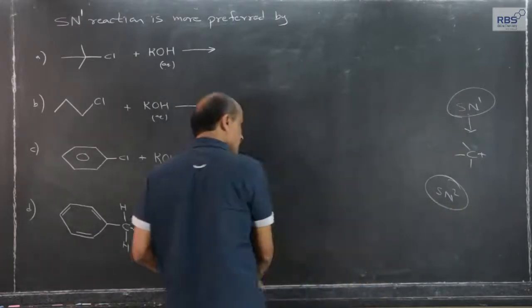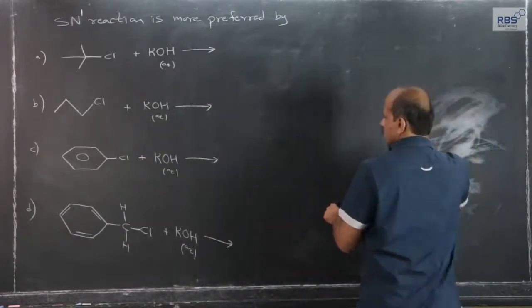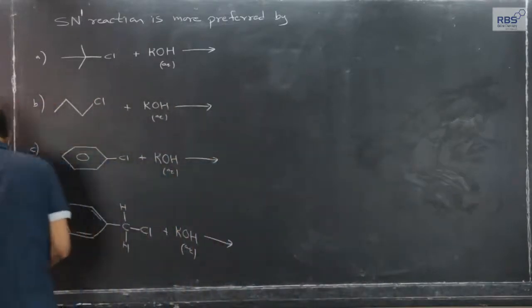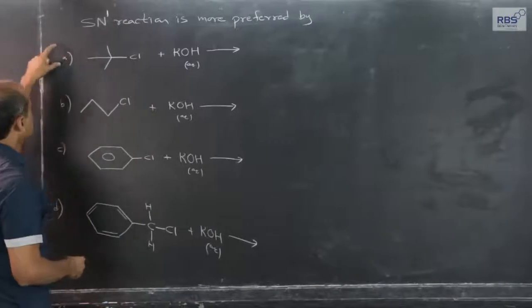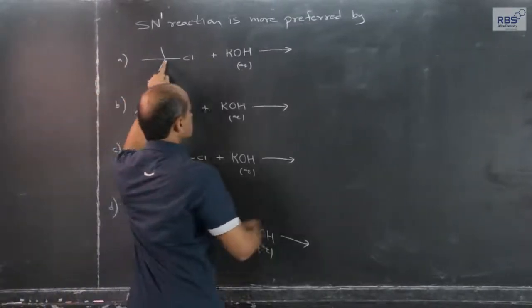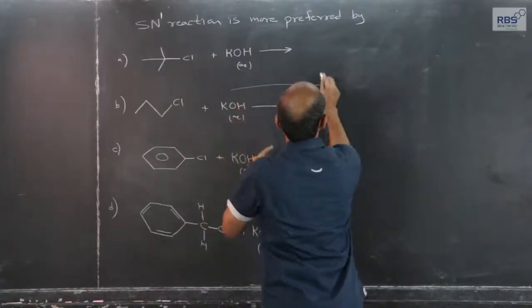So, if those things are in mind, the stability of carbonium ion, and whatever theory we have considered up till now, resonance, how they are of use, let us see here. Let us consider one by one. This is a bond line structure, let me write it here.